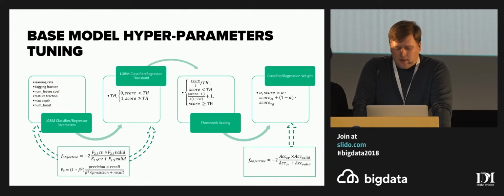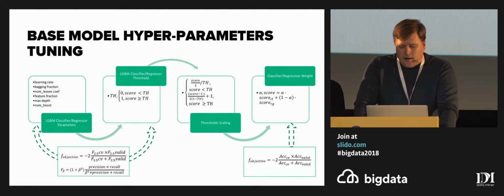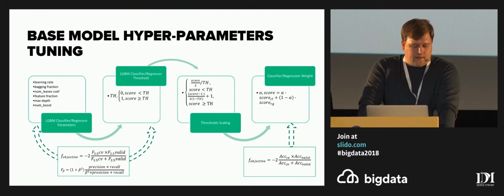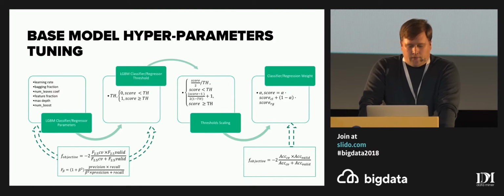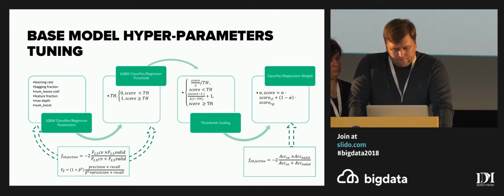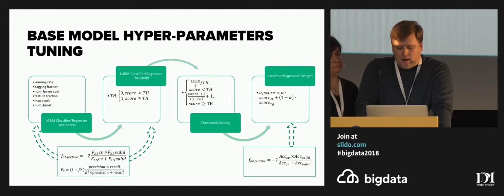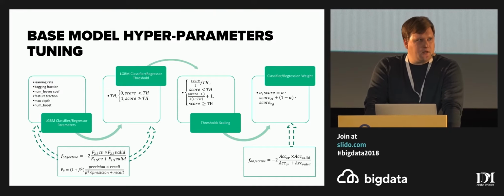For tuning these parameters, we applied minimization of a metric defined as the geometric average F-beta metric on cross-validation and validation data. And the beta parameter we defined equal to 2.5. Next, we need to tune the classifier and regression weight in the ensemble, and for tuning this weight, we applied minimization of a metric defined as the geometric average accuracy on cross-validation and validation data.